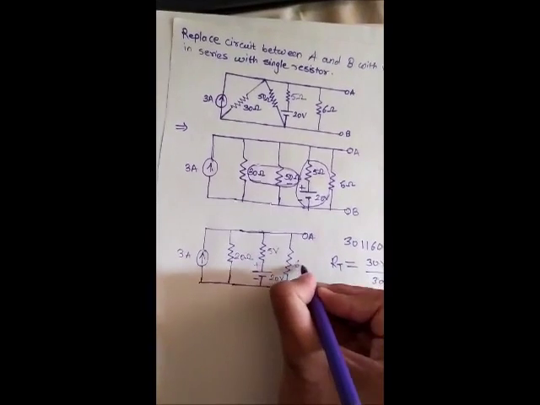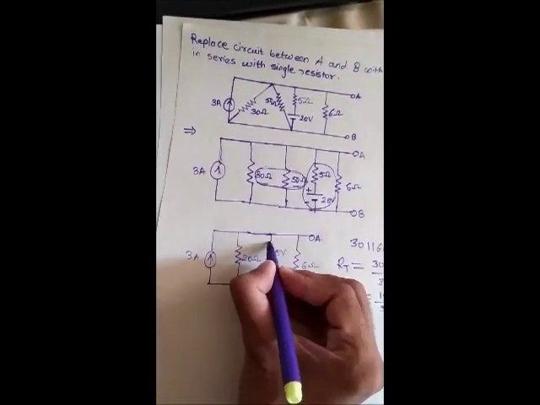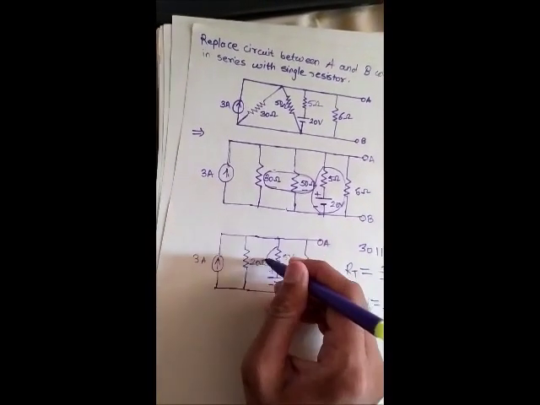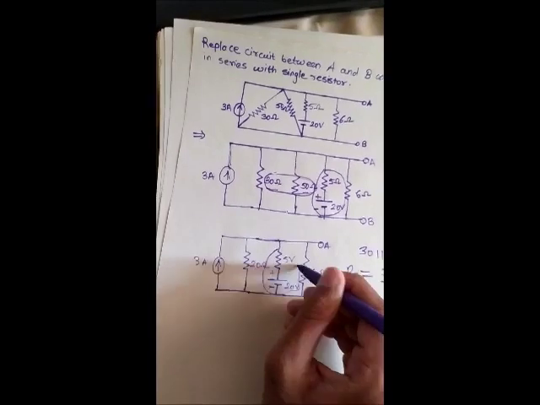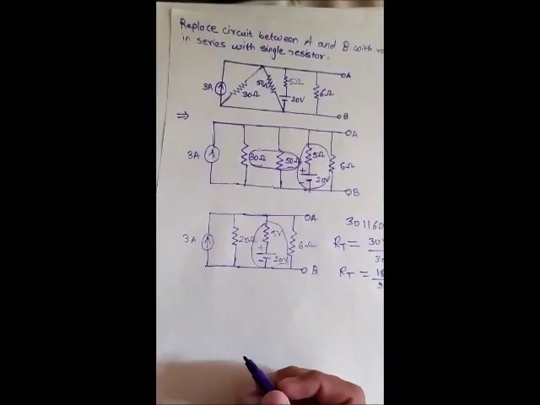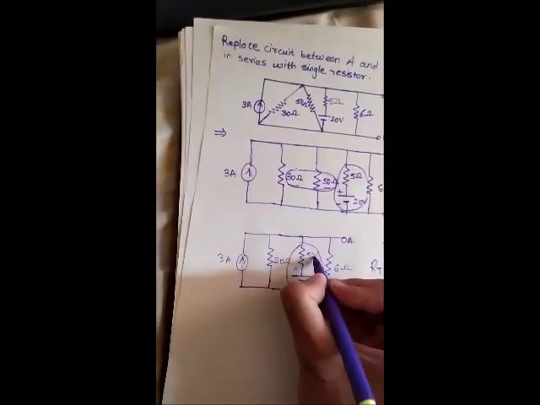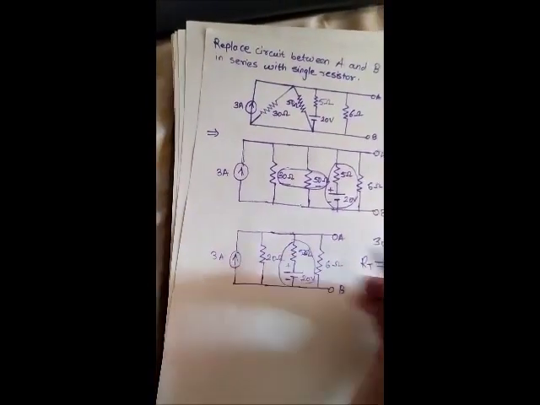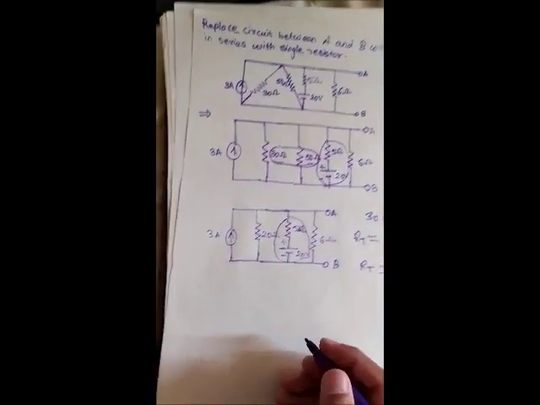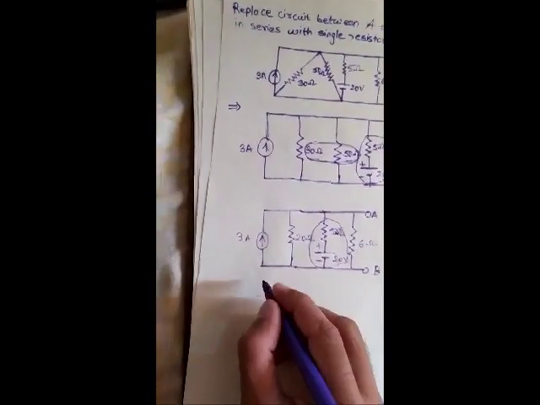and then this is 6 ohm. Now convert this 5 ohm, 20 volt supply into a current source.